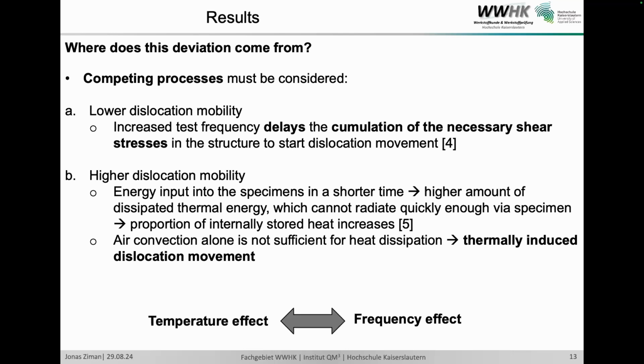So as already mentioned, we have the frequency effect on the one side and the temperature effect on the other side, which is why we did this temperature correction on the electrical resistance, to have a material response which doesn't show this temperature effect. We also did some residual stress measurement, like mentioned.